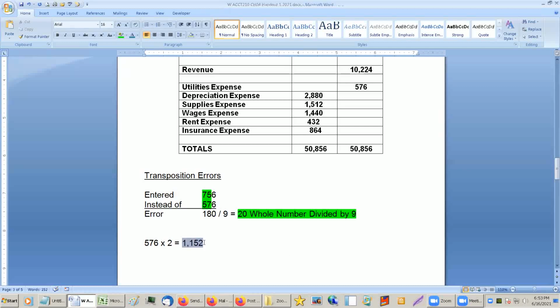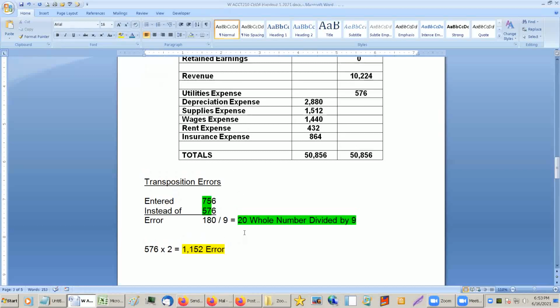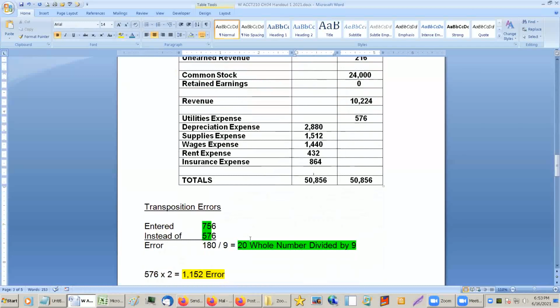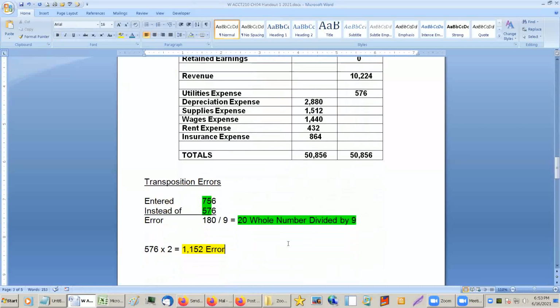So sometimes if you find an error, here's your error. You say, well, there's nothing on here for this amount, 1,152. Divide it by 2, and that might give you the number.